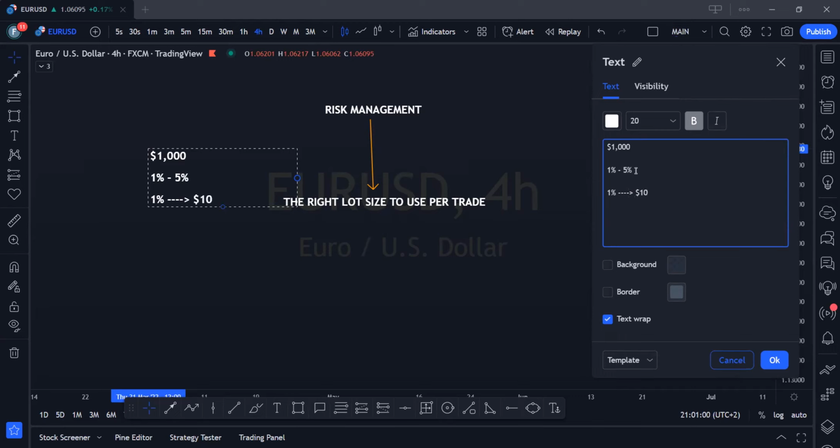So if you are risking 1% per trade, in order for you to totally blow your account, how many trades do you need to lose consecutively? If you are risking 1% per trade, how many times will you need to lose to blow your account?